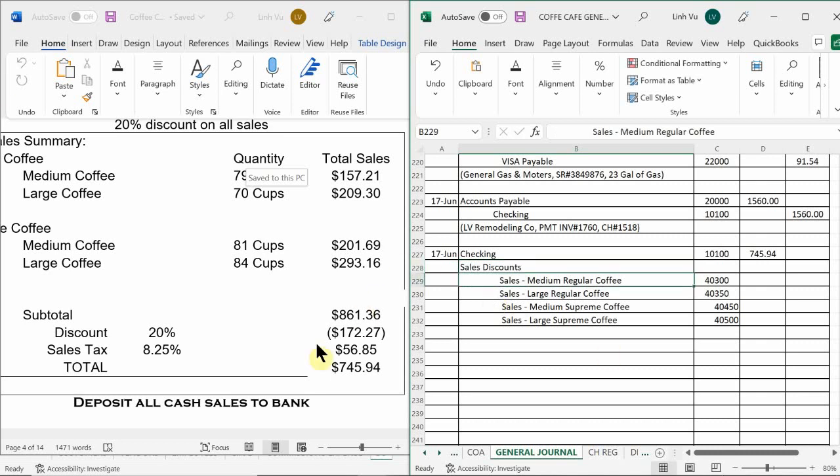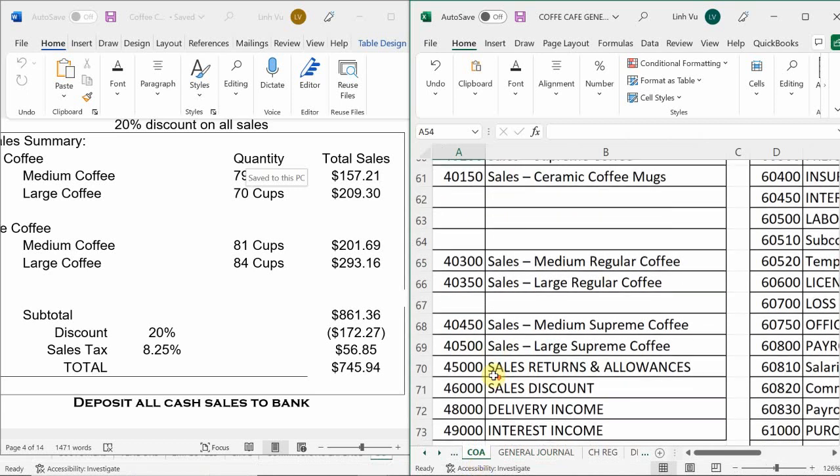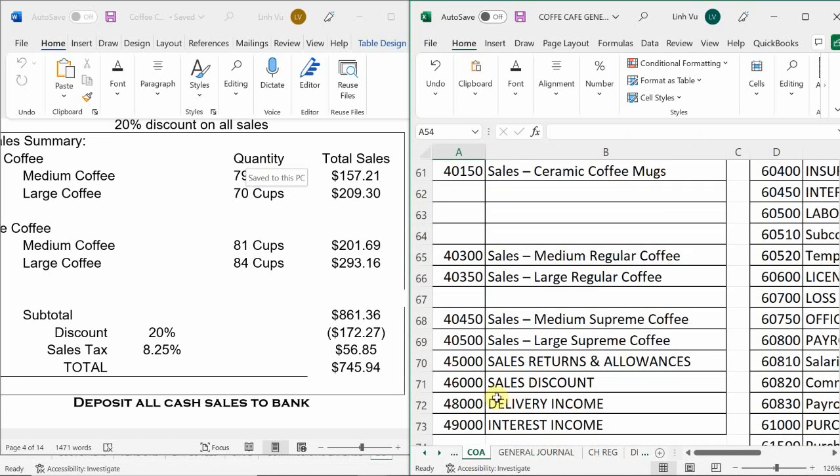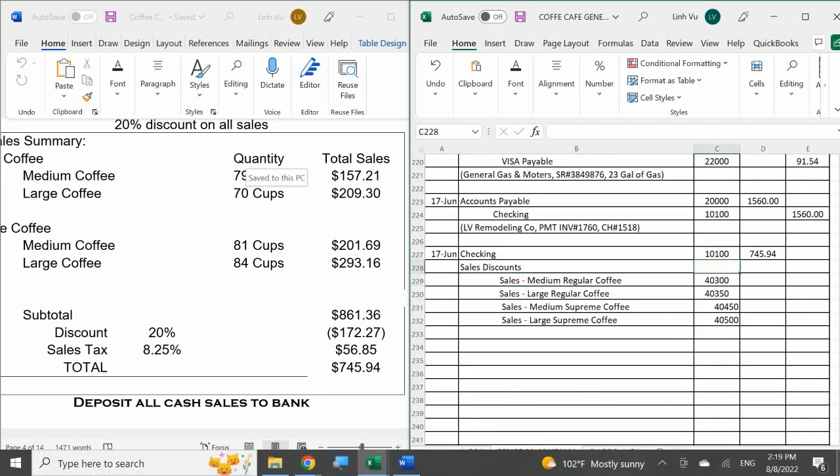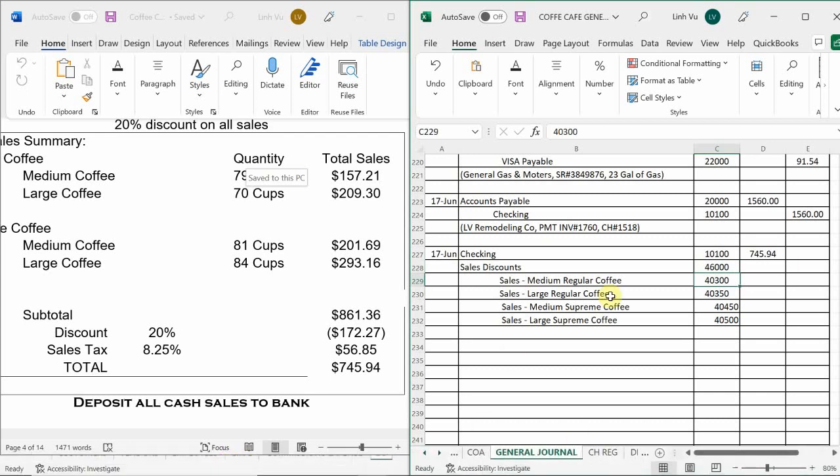Okay? So let's check out what that account number is for that sales discount. Sales discount is going to be 46,000. And then you get sales tax payable.